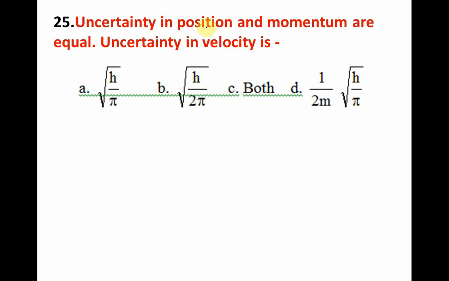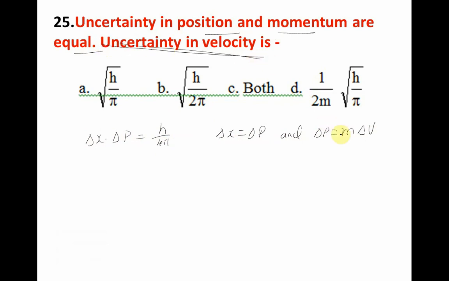Now the question is, uncertainty in position and momentum are equal. Delta x into delta p is equal to h divided by 4 pi. Since delta x is equal to delta p, and we know that delta p is always equal to m into delta v, because I need to find out uncertainty in velocity.